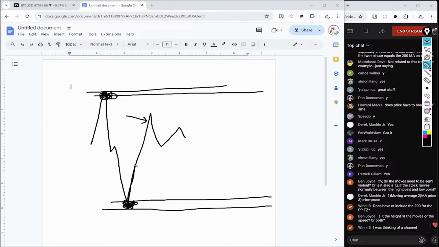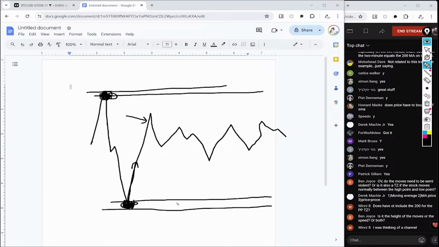Once you come off this low, you have a fresh trap zone because the bottom of the trap zone just got formed and the top just got formed. As you drift away, the trap zone becomes less fresh, less powerful.